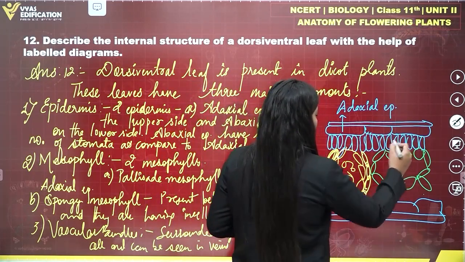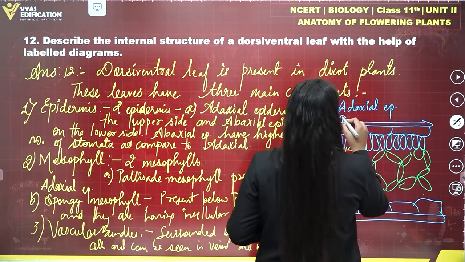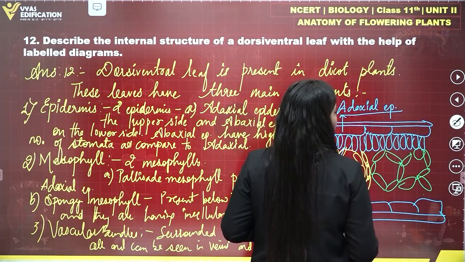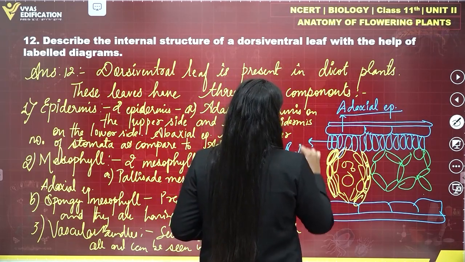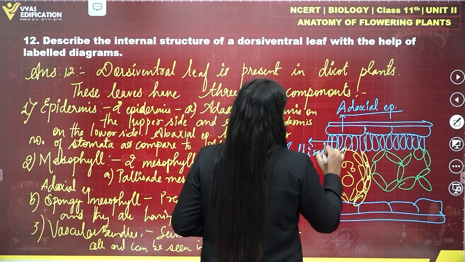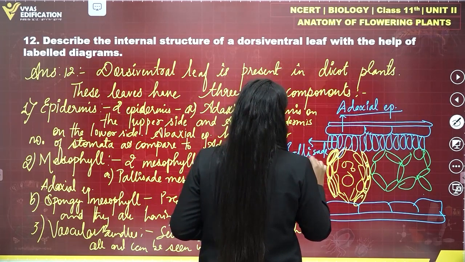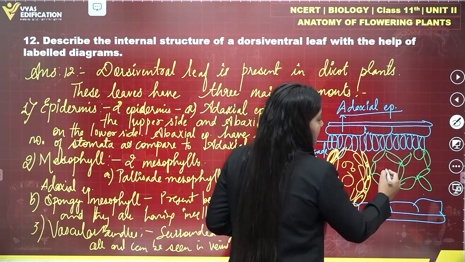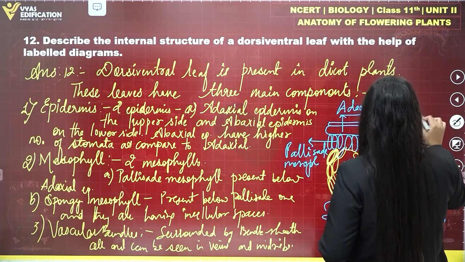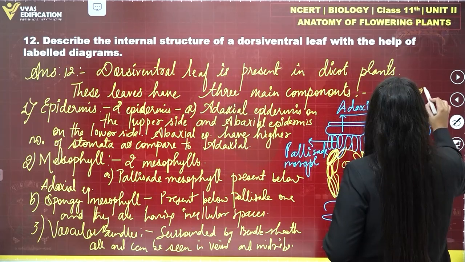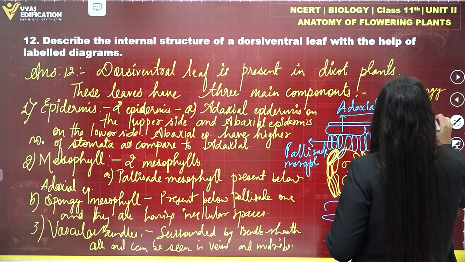Let's try to label this. First of all, this is adaxial epidermis. These are palisade mesophyll. Then these are spongy mesophylls.